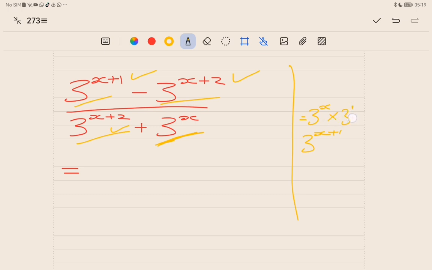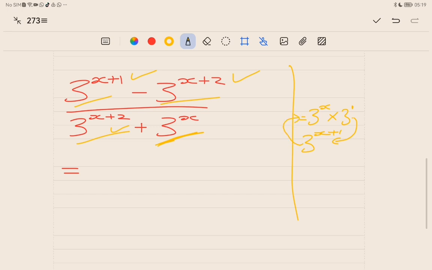When we moved from here to here, we used the law which states that when multiplying powers of the same base, we write the base once, then we add the exponents. But now we have to move from here to here.